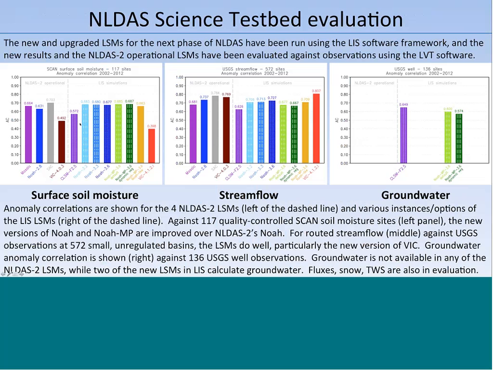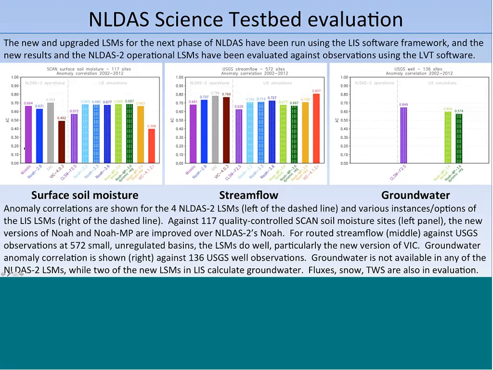In the first graph over here, if you focus on the left-hand side, the operational NLDAS, these are the same 4 models that I showed you earlier, Mosaic, Noah 2.8, SAC, and an older version of VIC, and it's anomaly correlation against the SCAN data surface soil moisture at 117 sites.